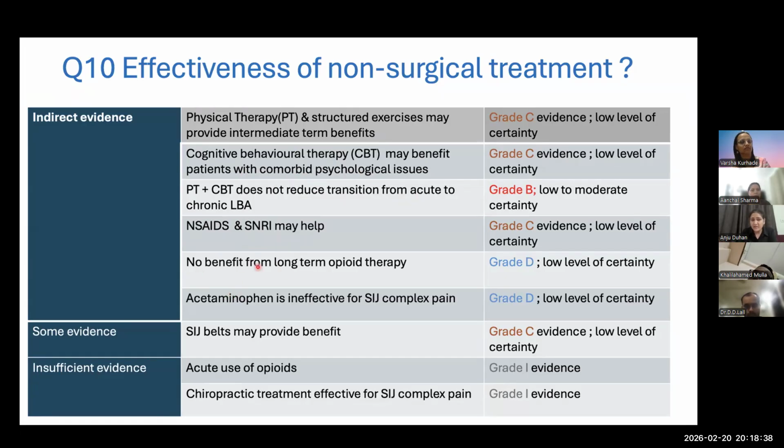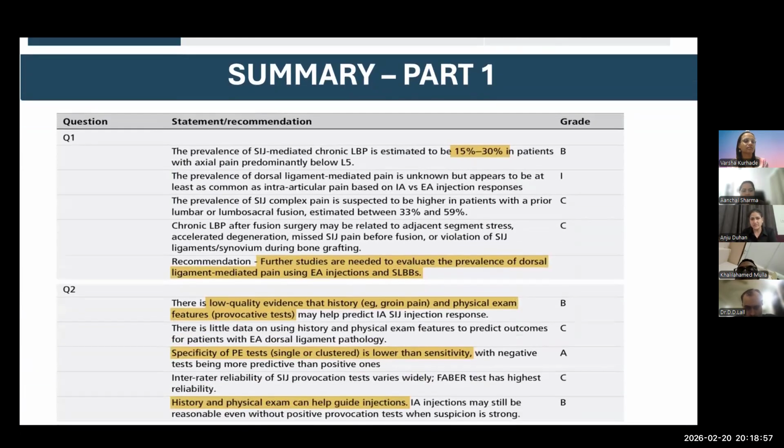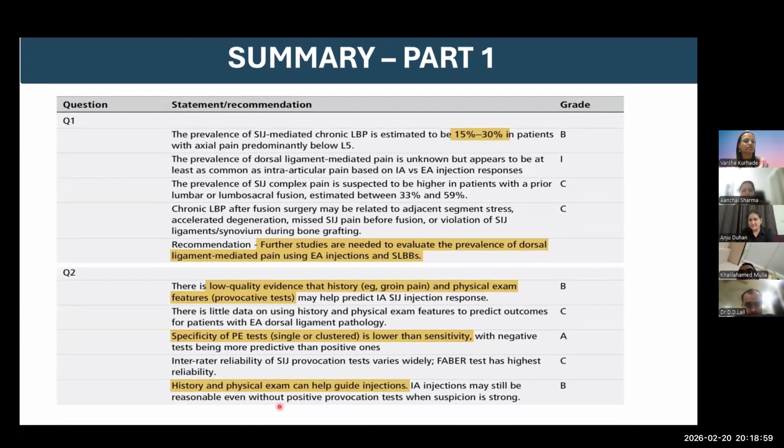There is no benefit from long-term opioid therapy or acetaminophen for SIJ complex pain. There is some evidence that SIJ belts may provide benefit, and there is insufficient evidence for acute use of opioids or chiropractic treatment.